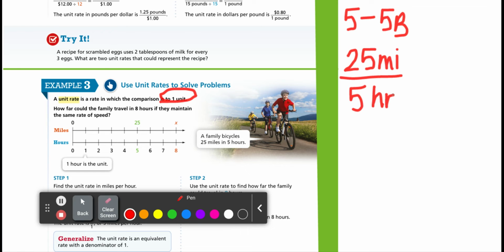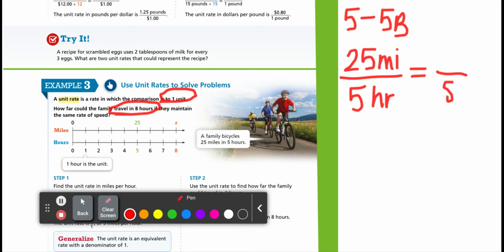Now, the directions here say to use the unit rate, so I can't just do my simple cross multiply then divide here because they're telling us to use the unit rate. But we are going to figure out how far the family could travel in 8 hours. Am I going to label the units on the top or on the bottom?